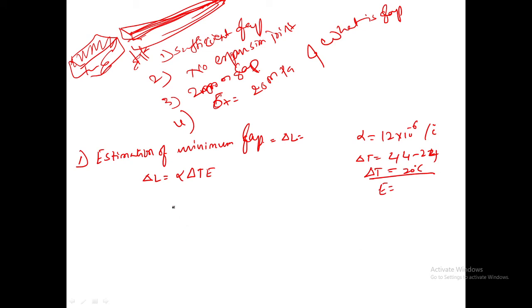So now you find out what is the delta L here. 12 into 10 to the power of -6, delta T is 20 degrees, E is 2.1 into 10 to the power of 5. Now this value is in mm. So quickly calculate.